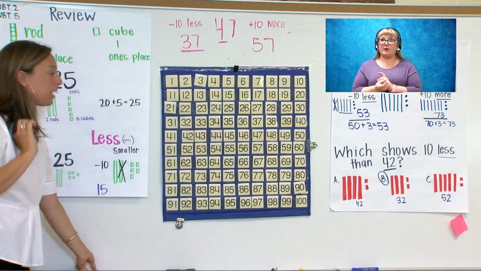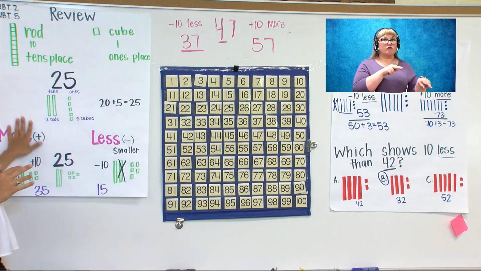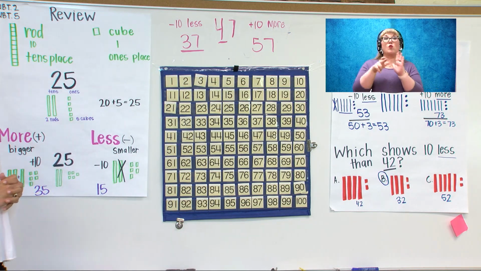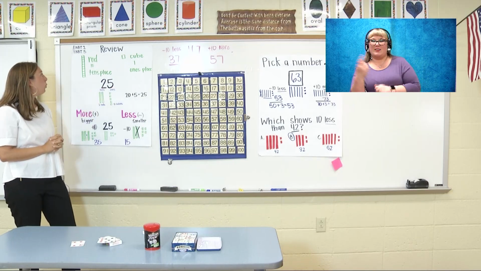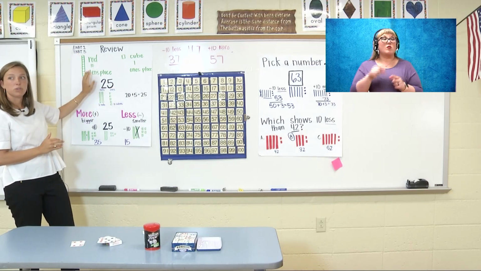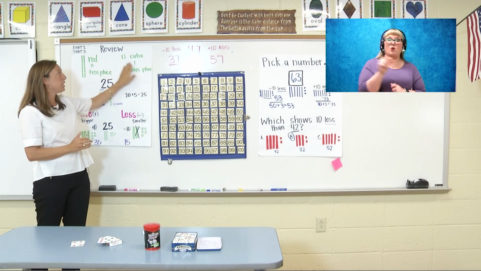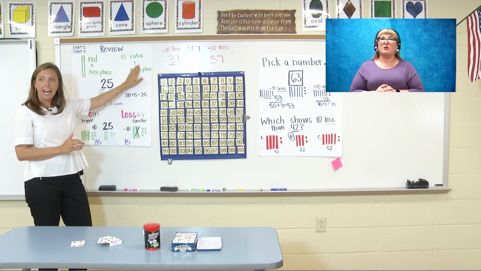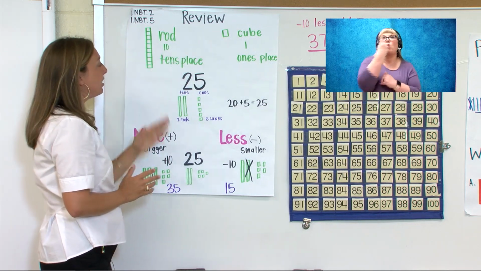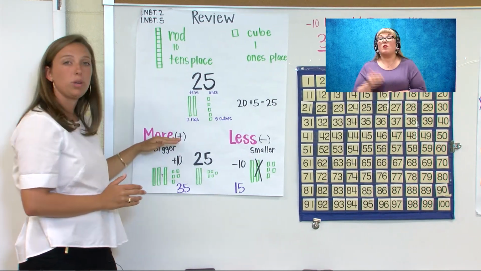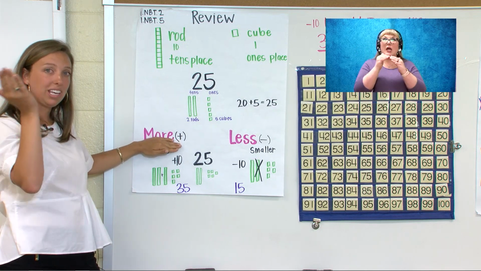So let's look back and wrap up our lesson. We reviewed today our place value, tens, and ones. We know that a rod stands for 10 and a cube stands for 1. We have 10 cubes and 1 rod. We know that when we say the word more, we're getting larger.